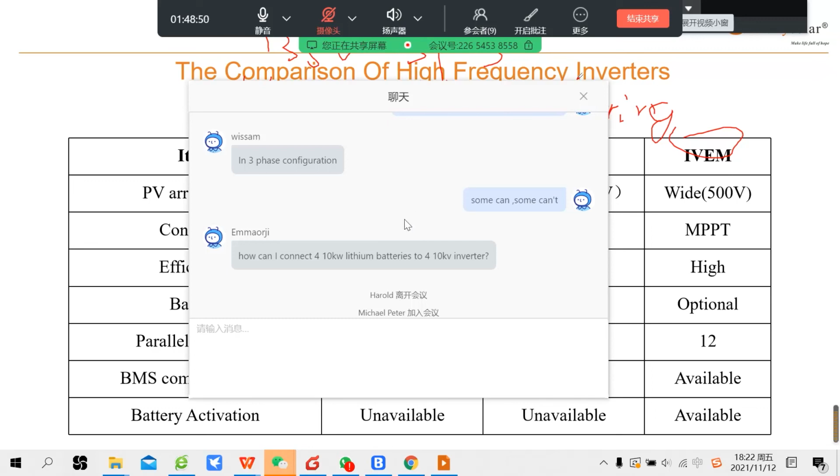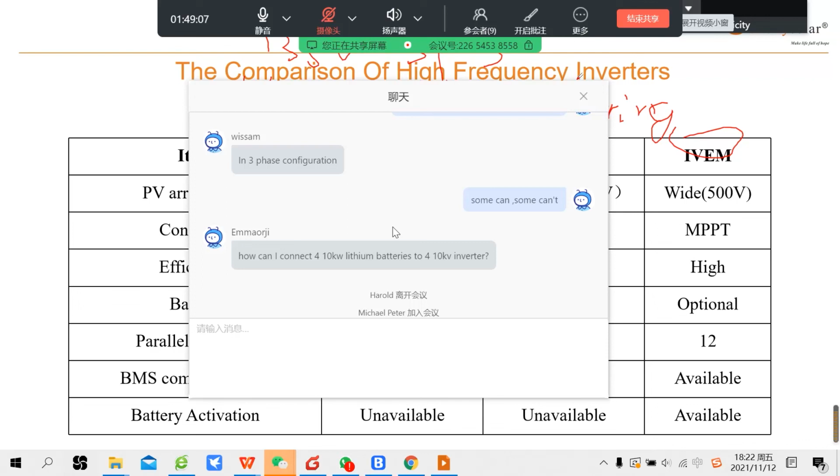How can you connect four 10 kV lithium batteries to four inverters? Four pieces of 10 kV lithium battery is actually little. The power is small.